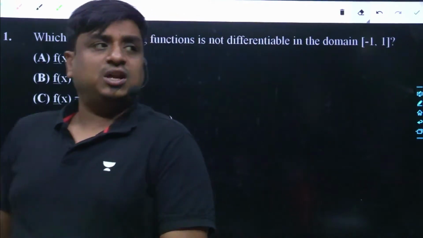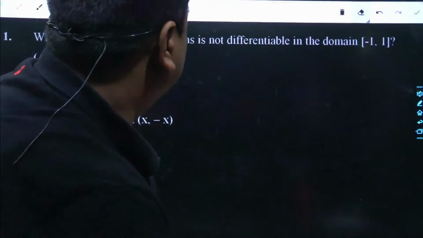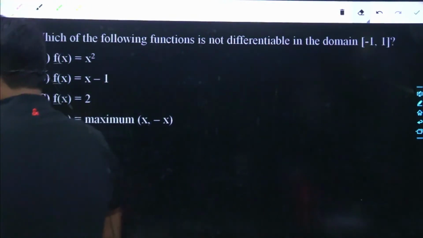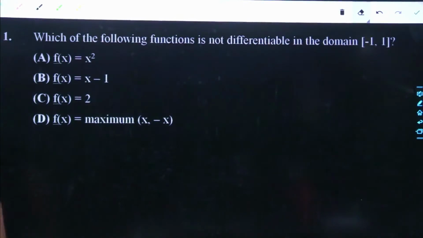For each question I would be giving approximately 2 minutes, and within 2 minutes you have to give the perfect answer for the given question. I will start the timer for each individual question, so the timer starts now. Read the problem carefully and tell me the best answer. Which one of the following functions is not differentiable in the closed interval [-1, +1]?